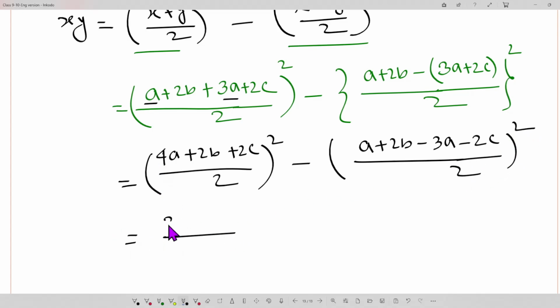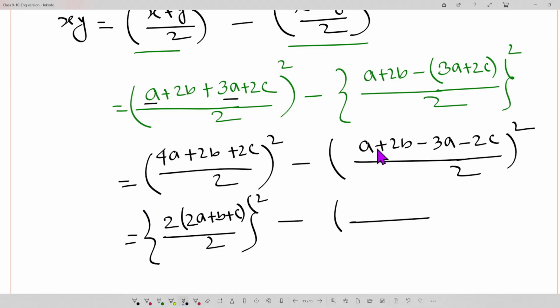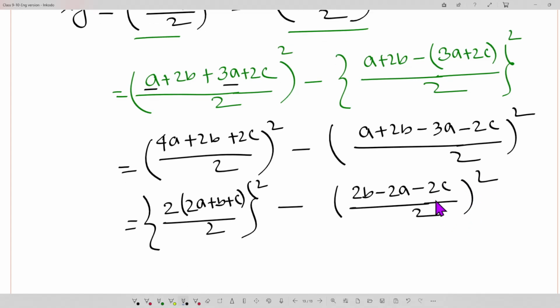Now we can take common 2, so (2a plus b plus c) by 2 square minus, a minus 3a, it's minus 2a, so first we can write 2b minus 2a minus 2c divided by 2 and then square.